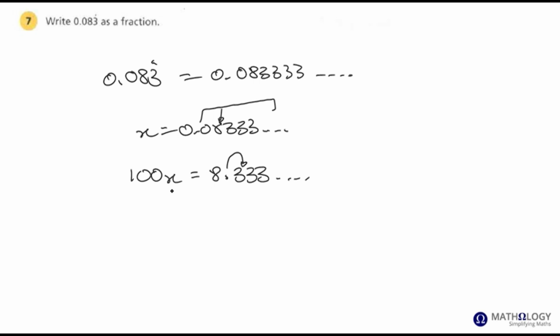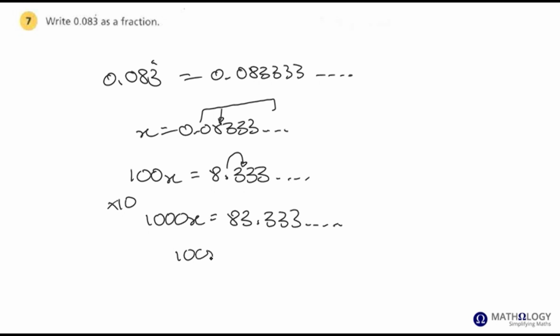So 100x times 10 would be 1000x. We'll move the decimal, because we're multiplying by 10, we can move the decimal point 1 place to the right. So we would have 83.333.